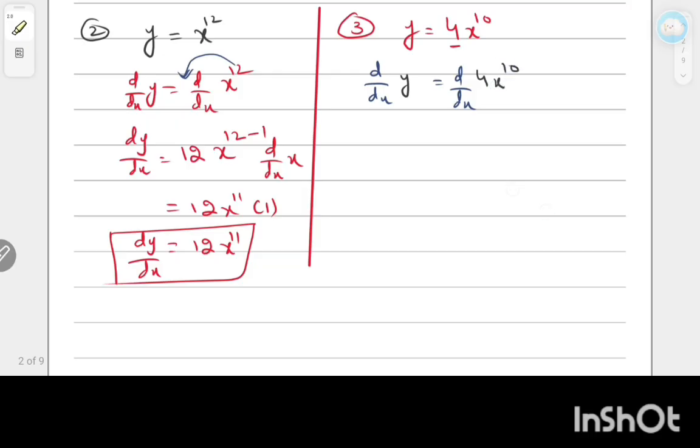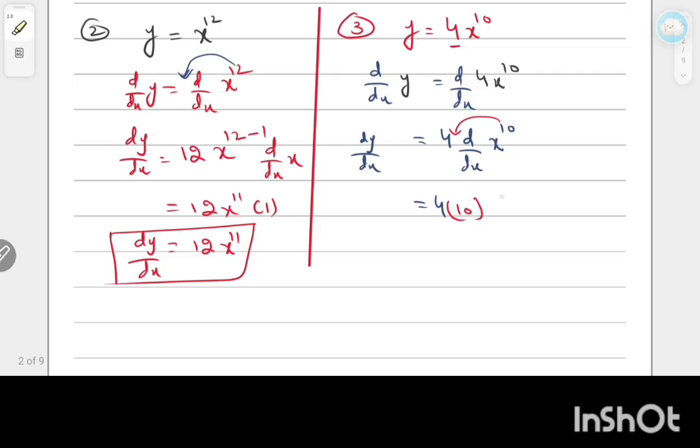According to the rule of derivative, we can write it in this form: 4 and take the derivative with the variable. So what happened? We will apply here the power rule. What's the power rule? Power will be at start.